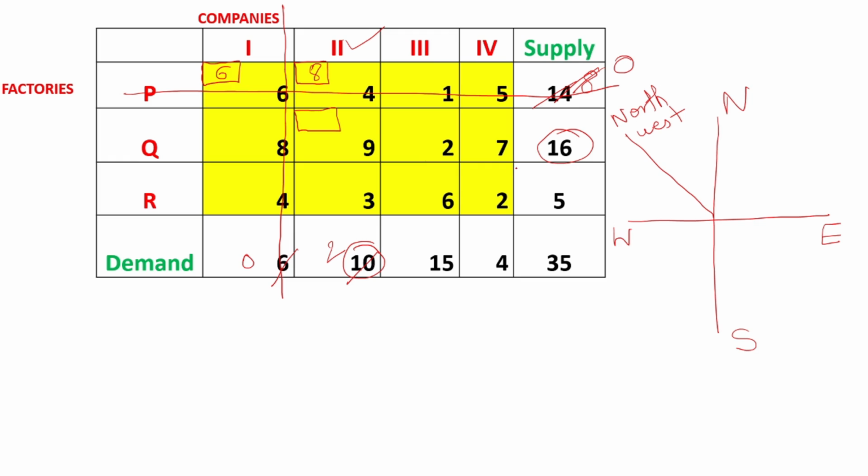Out of 2 and 16, which is the minimum? 2 is the minimum, so take 2 in this corner rectangle. Since 2 is taken, the value here becomes 0.